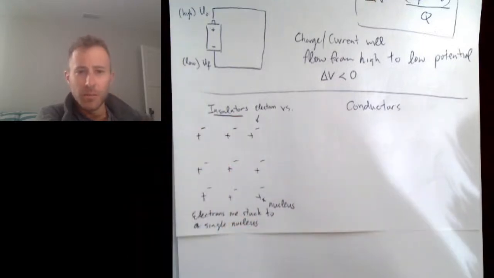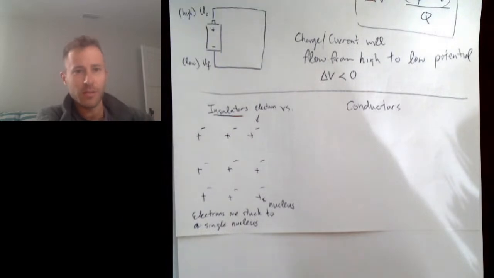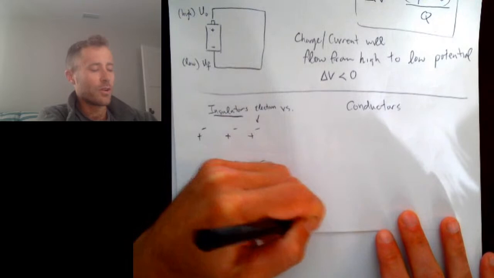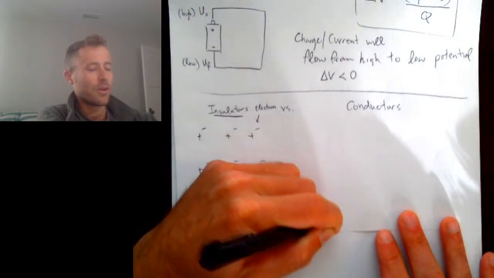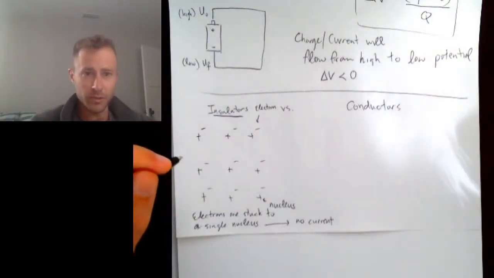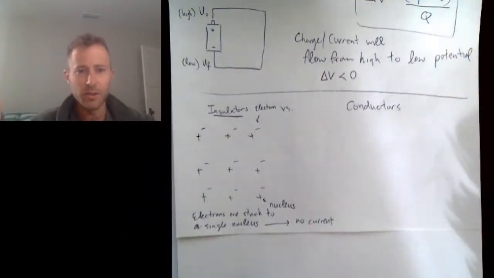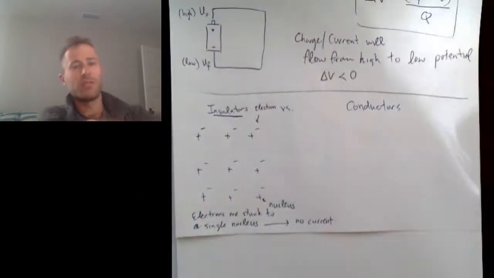Now, because the electrons are stuck, there's going to be no current. Because if you recall, current is the flow of electric charge. So if the electrons can't move around, they're stuck, you can't have any current flow. So how does this differ from a conductor?